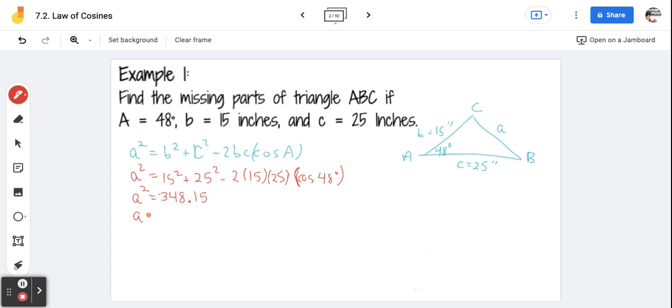And then A will be the square root of 348.15, which would be... okay, calculator on here. 348.15, square root of that.